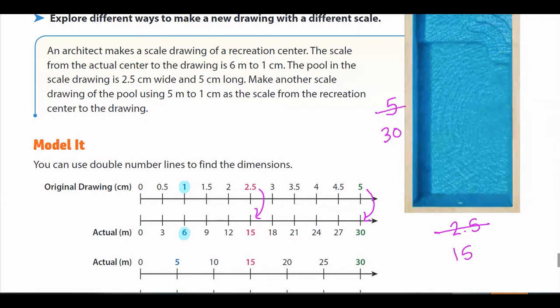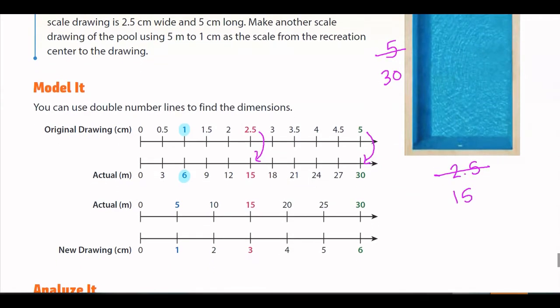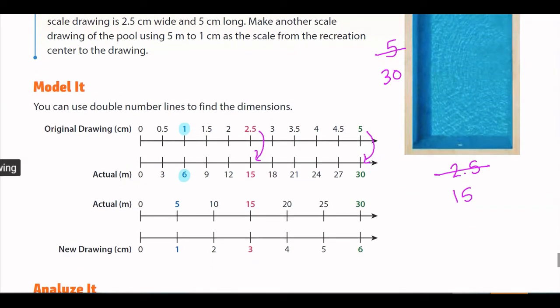30 by 15. Now, they use their number line down here, but now they want a ratio of 5 to 1. So we've got 5 to 1.